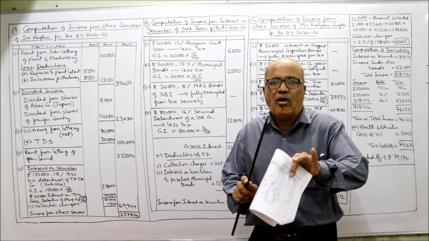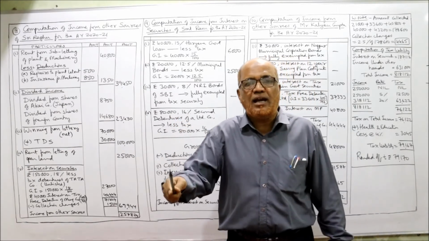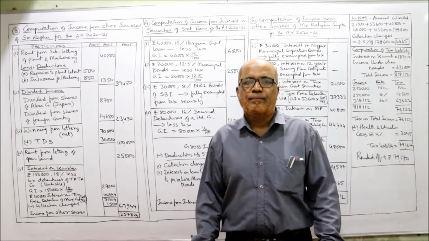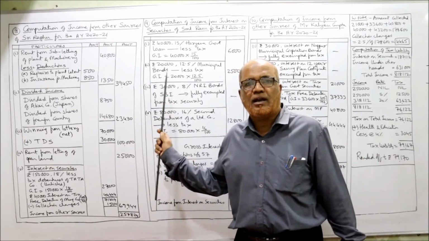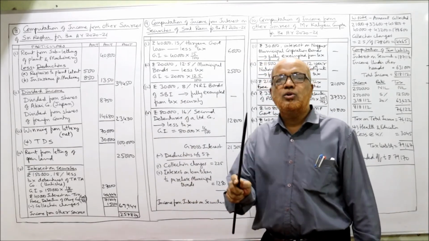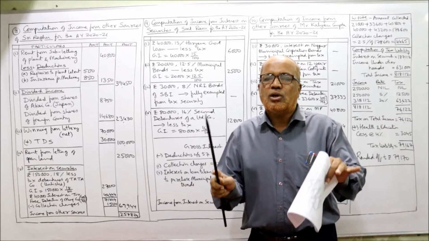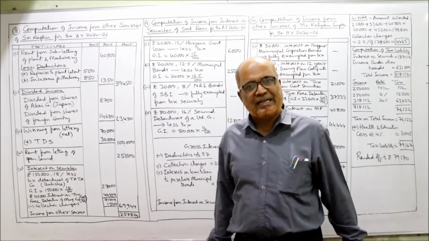Dividend on shares will not come under interest on security. And secondly, dividend on shares is fully exempted from tax. So this item, cumulative preference shares, will not come in our computation. In the working note, you should write down: preference shares are not security, so dividend received on preference shares is exempted from tax.